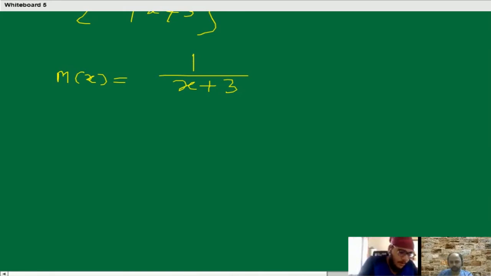Then we have to do 1 divided by x plus 3, sir. Then we make x the subject. Whenever we are going to find the domain of this type of function, let's set the denominator to 0. x plus 3 equals 0. So what would be the value of x?